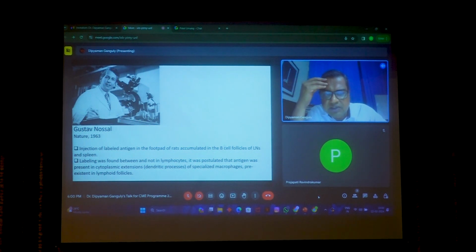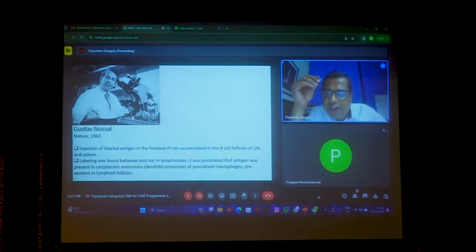He took antigens, labeled them, injected them into the foot pad of rats and looked at the lymph nodes. His idea was that if lymphocytes can sense antigens, he would find these labeled antigens in the lymphocytes present in the lymph. But what he found was that these labeled antigens were not in the lymphocytes. They were actually between lymphocytes.